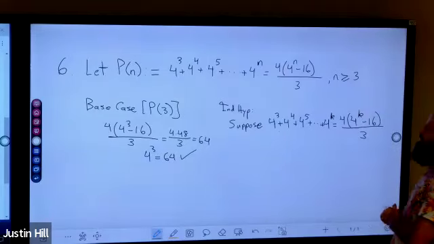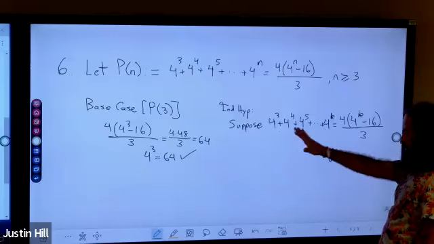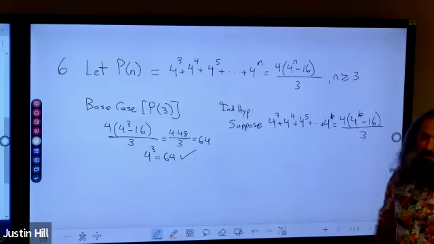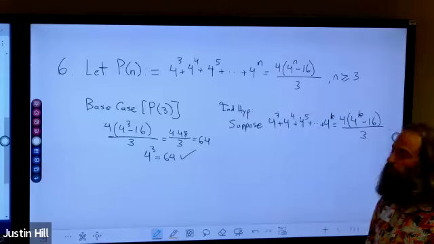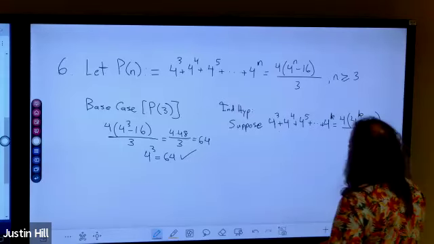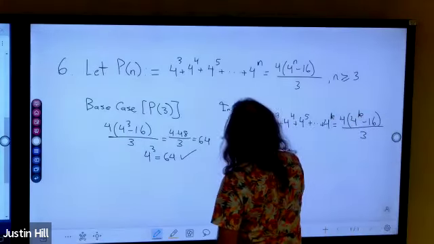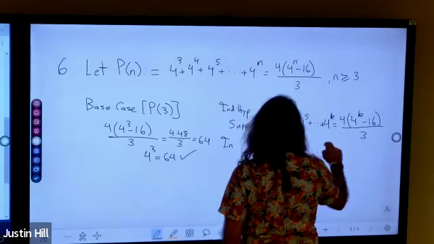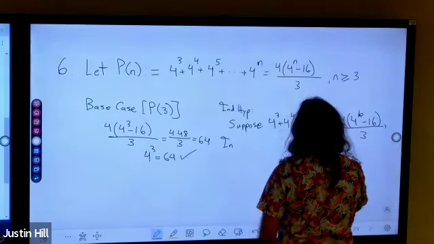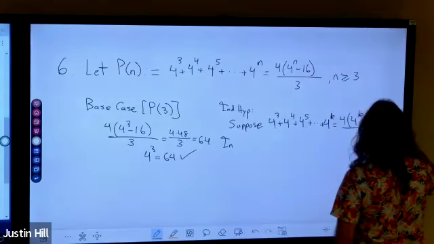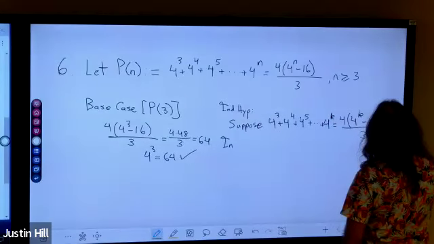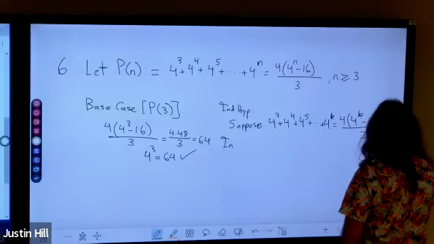And then what we want to do is take what we have so far and see if we can build or prove the k plus 1 case. So here we go to the inductive step. And by the way, k is an integer. k is greater than or equal to 3.